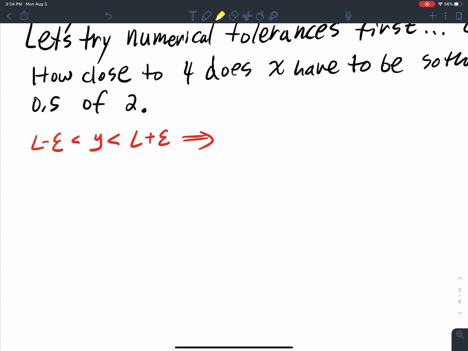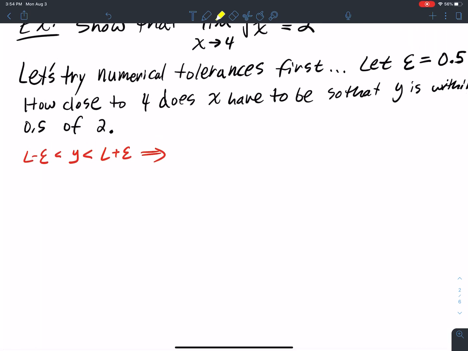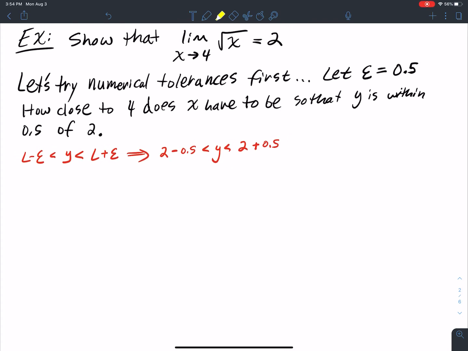So what does that tell me? For an epsilon equal to 0.5 and a limit L equal to 2, I'm going to substitute L with 2 and epsilon with 0.5. So I have 2 minus 0.5 and then I have 2 plus 0.5.